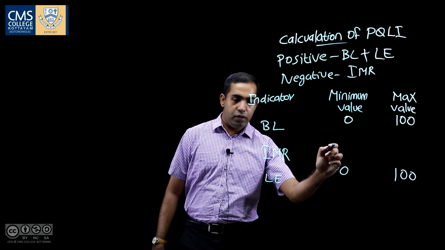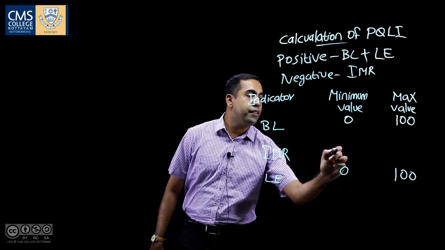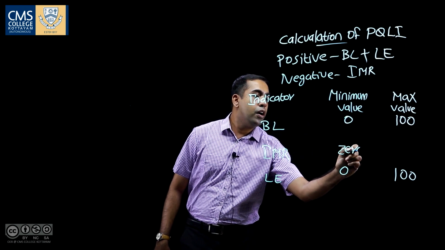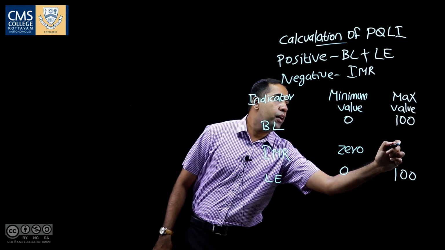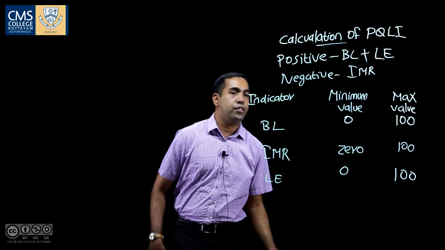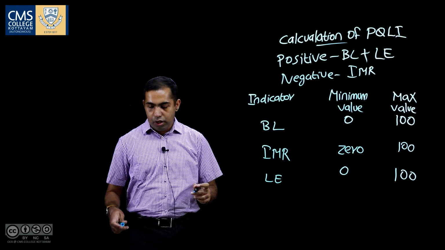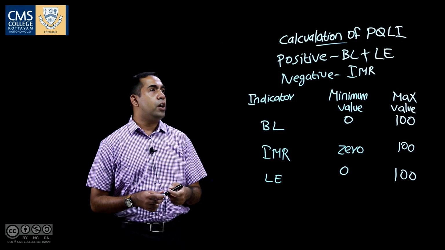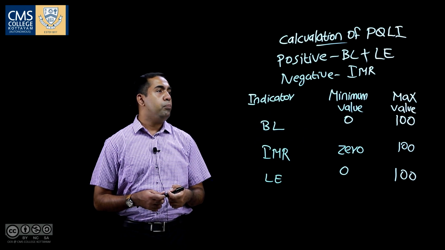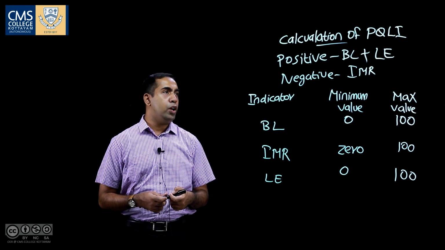Here the minimum value is 0 and the maximum value is 100. So, this is the table for the calculation of minimum and maximum values.